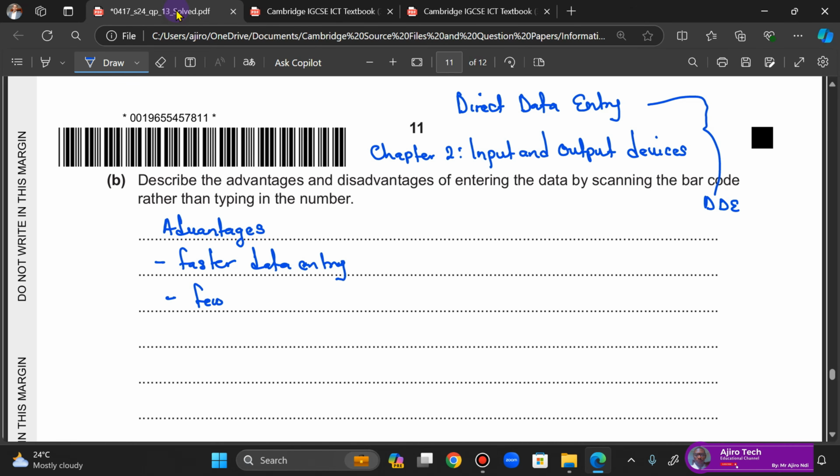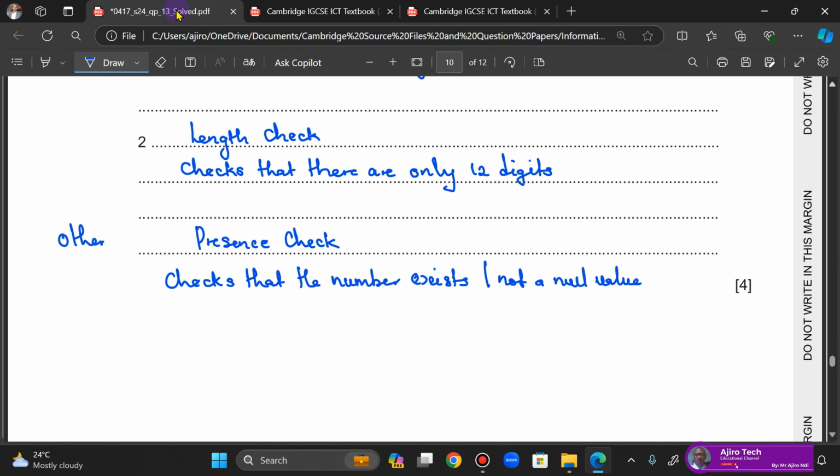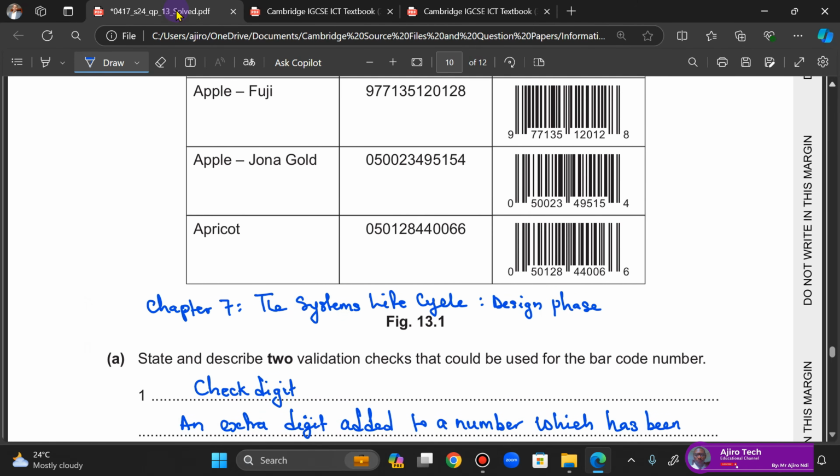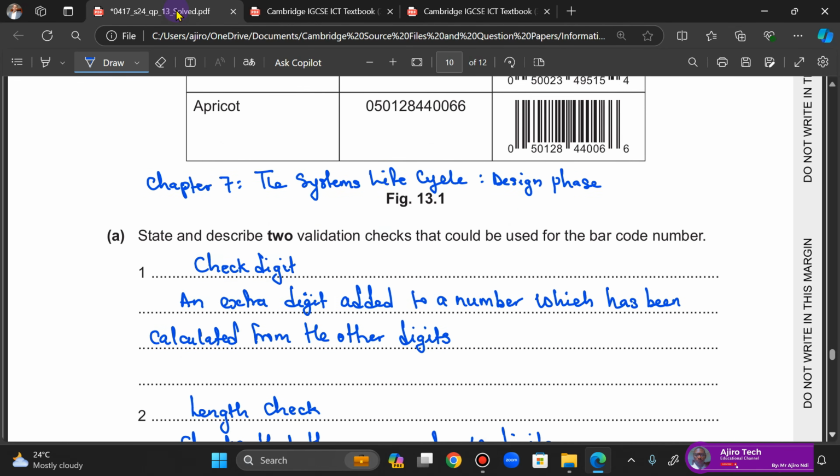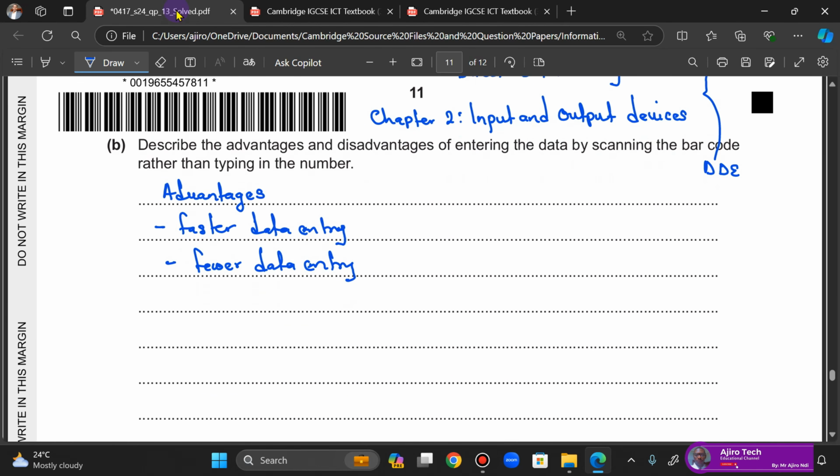And fewer data entry errors, unlike when you are typing. Now imagine if you are typing all this. If you go to even the shops, what you see mostly is that they will just scan it, bam, and it will bring out the name of the item and the amount. So fewer data entry errors are made.